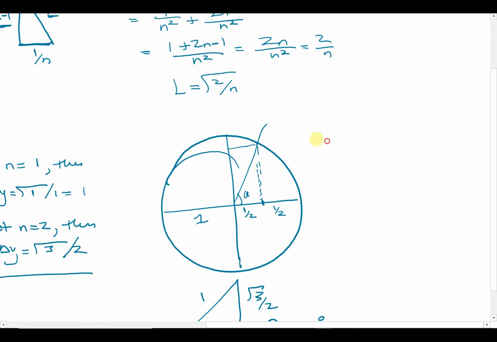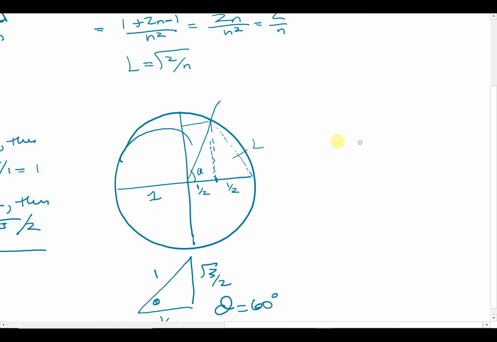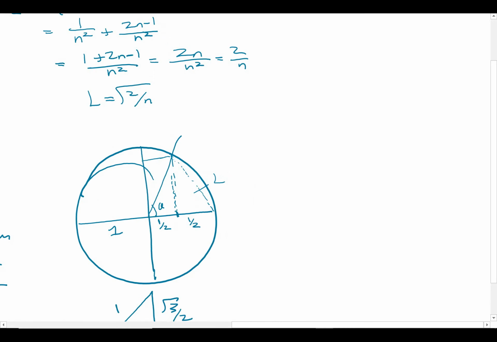And what we're actually calculating right here is this distance, L. So now we constrain, if we let n equal 1, remember we have this point, then L, let's just say L1, is square root of 2 divided by 1, which is square root of 2.